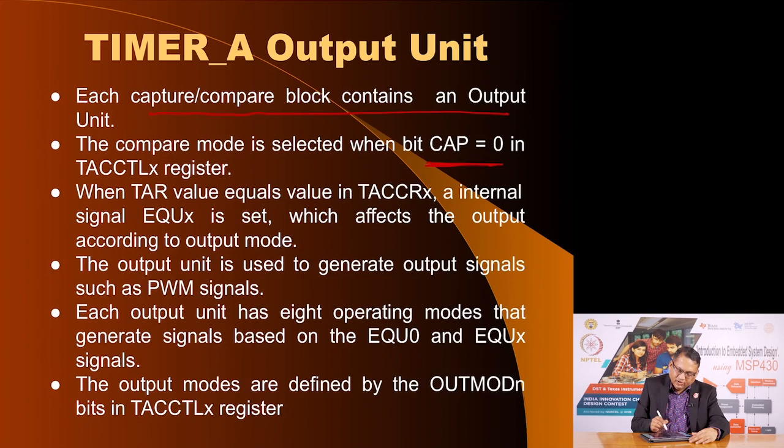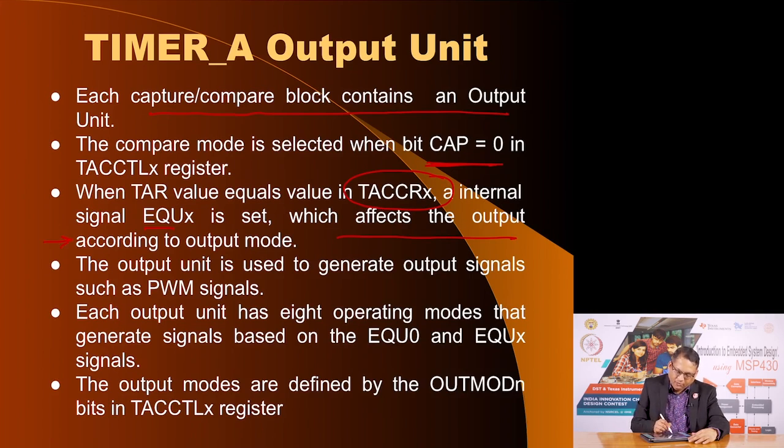When the timer value is equal to the value in the TACCRx, one of the internal signals, EQUx, meaning if this is TACCR1, then EQU1 will be set, which affects the output according to the output mode.